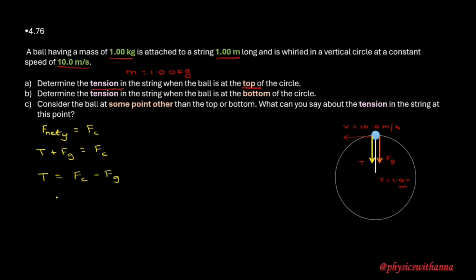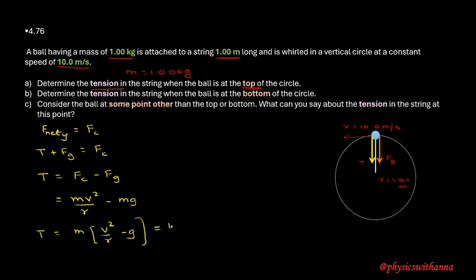From the definition, centripetal force can be written as mv squared over r. Fg is the force due to gravity, which is m into g. So you can calculate T as, taking m common, m times v squared over r minus g. Now let's substitute the values.